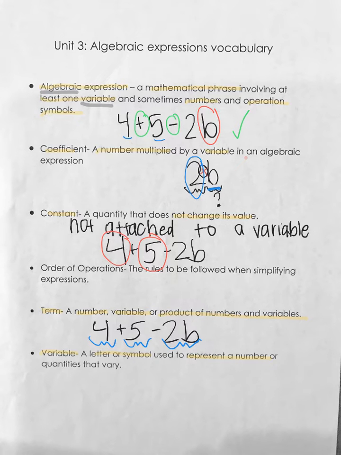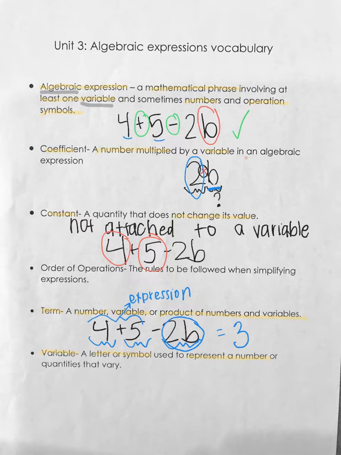A term is either going to be a constant or a coefficient attached to a variable. These different pieces right here, 4 plus 5, is a part of the algebraic expression. It's an expression in an expression, but it's not considered to be a term. So in this particular problem, I would have 3 terms.